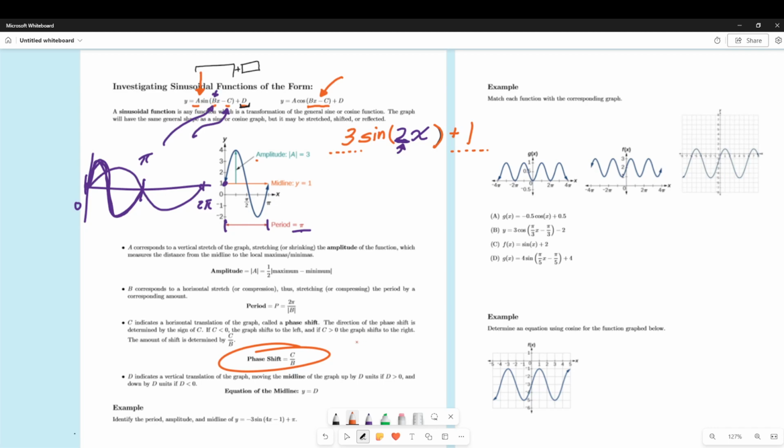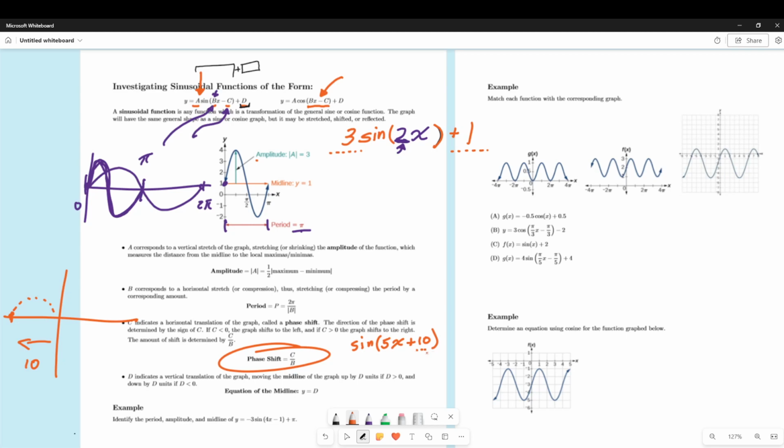So say we had the sine of, I don't know, how about 5x plus 10? Well, that plus 10 kind of wants the function to go this way 10 units, so we might think to start there and go through our sinusoidal function.